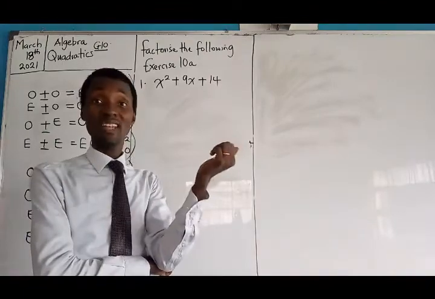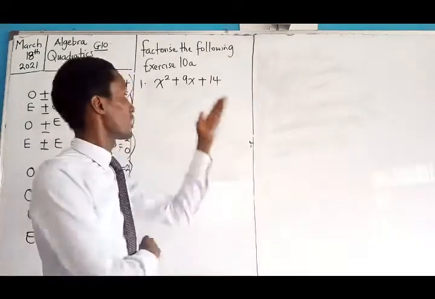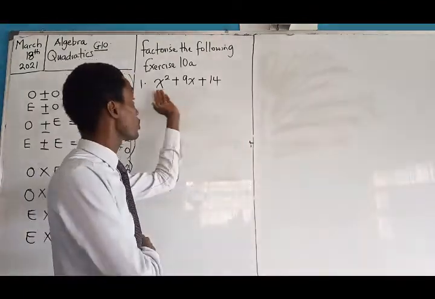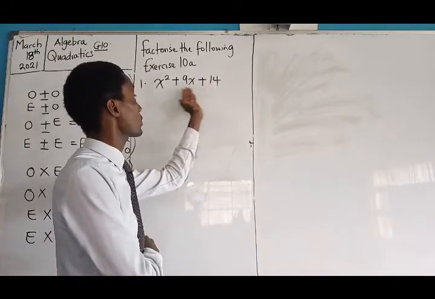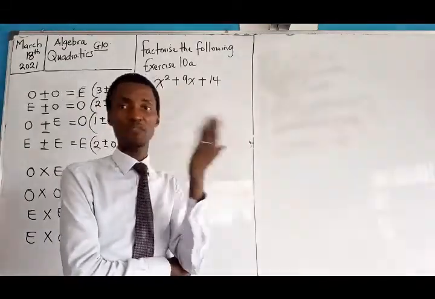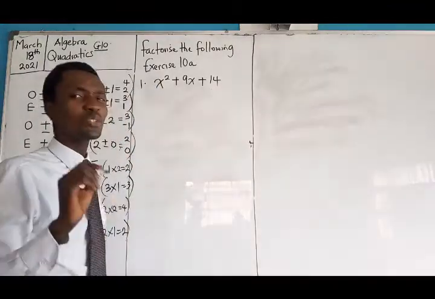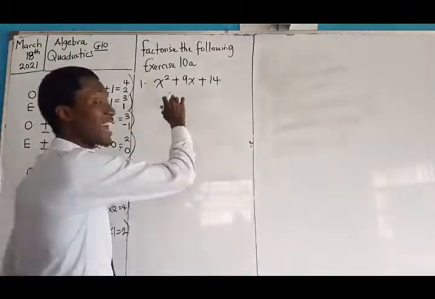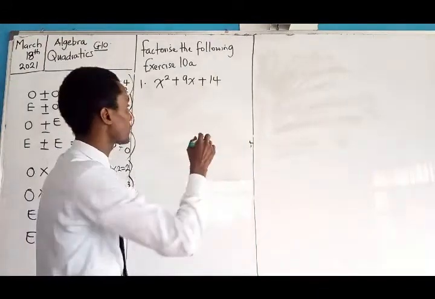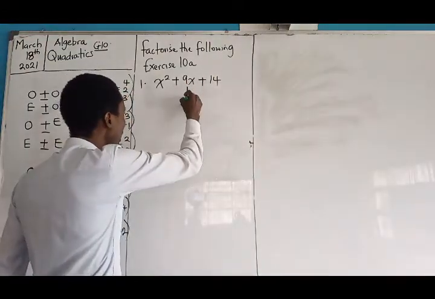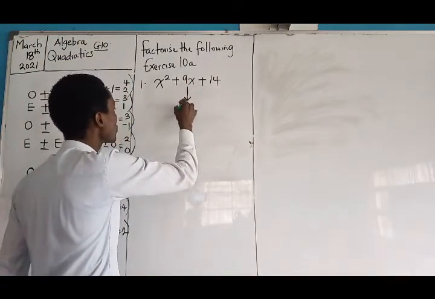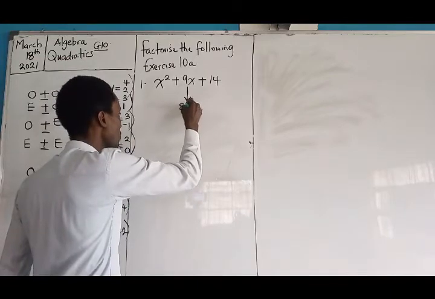So maybe you've never heard that before. Hear this now. The first thing you do before you factorize, make sure that your terms are even. If they are not even, you can't factorize. That's number one. So the next thing you need to take note of is this. I'm going to be giving identity to each of the positions. Now, this one gives you what is called the sum of factors, SF.